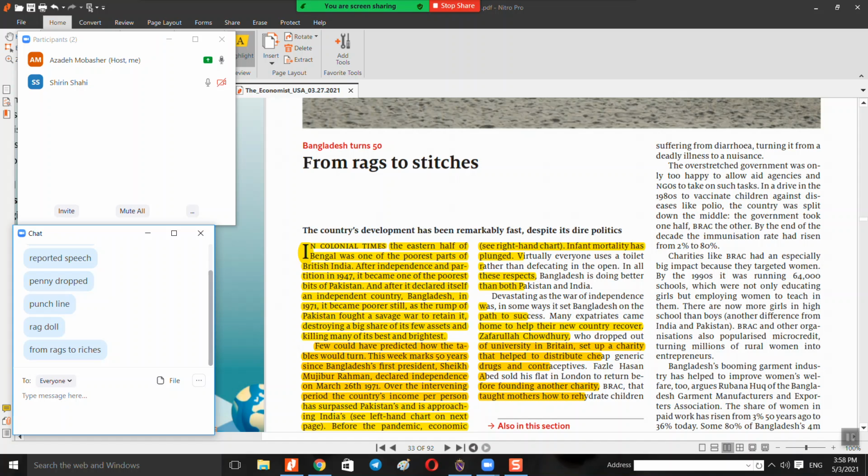Can you guess what the writer means by saying this? From rags to stitches. Maybe by doing stitches and collecting things together, they did the same things that successful people like Bill Gates had done before, from rags to riches.